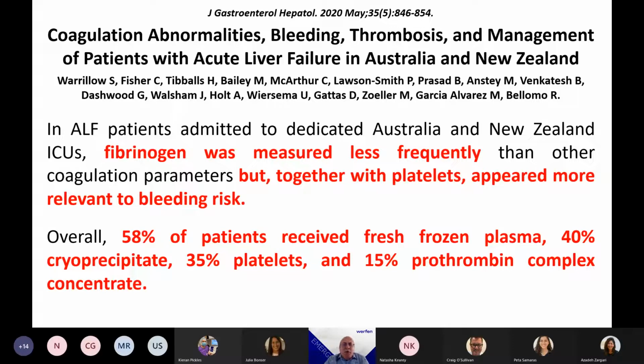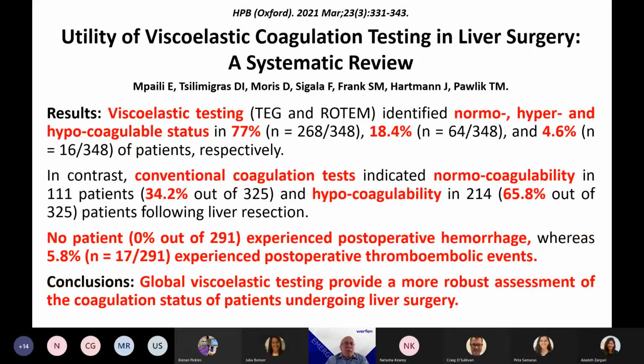And overall, you see a lot of blood products are given. Nearly 60% of the patients get fresh frozen plasma, 40% cryoprecipitate, or a third platelets, and about 15% prothrombin complex concentrate. And we have to rethink if these are really adequate interventions, or maybe they even have a higher risk of harm when we do this in a prophylactic way.